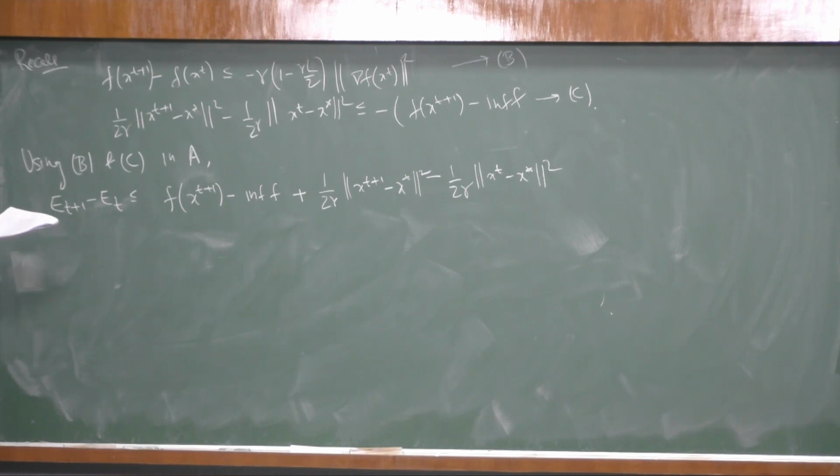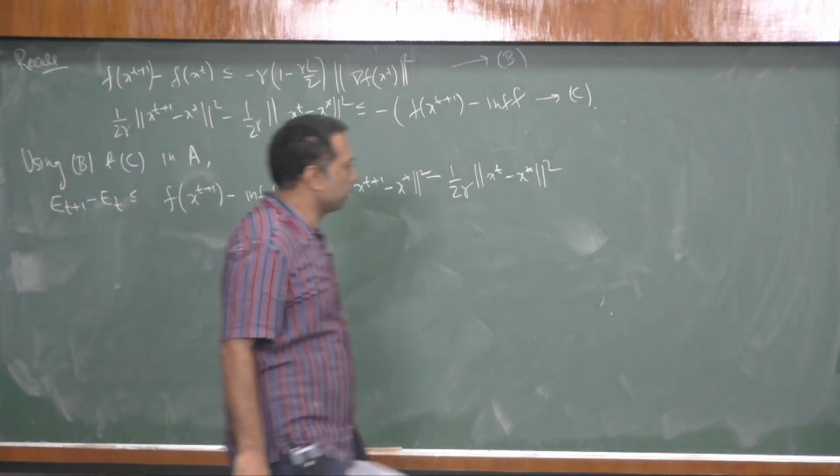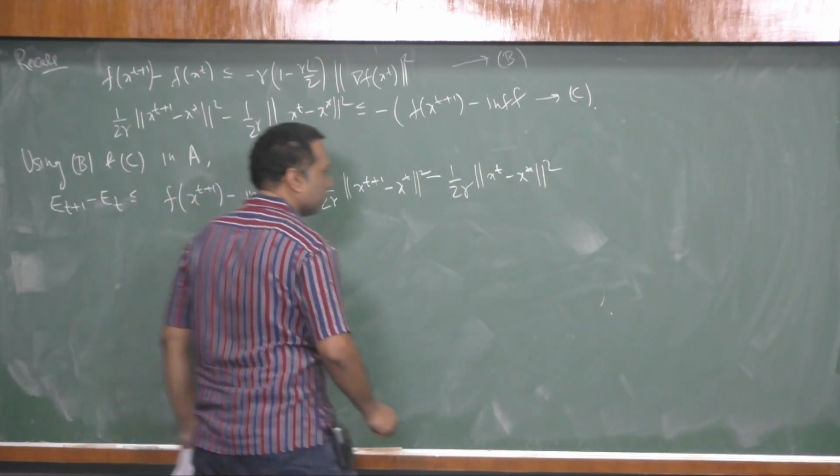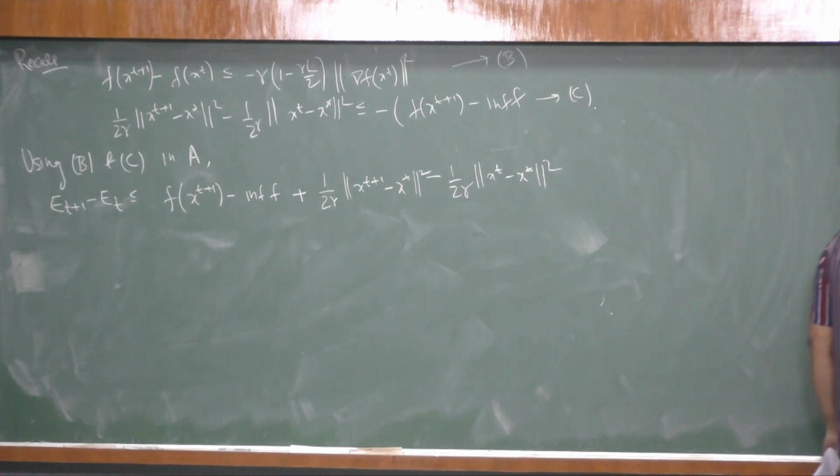The first two terms seem to be as it is, f(x_{t+1}) minus the infimum of f, that's fine. And for the remaining terms, I see the x_{t+1} minus x star term also carrying over from previously, and the third term is also carried over. So what seems to be the case is that this term has been laid off, right?